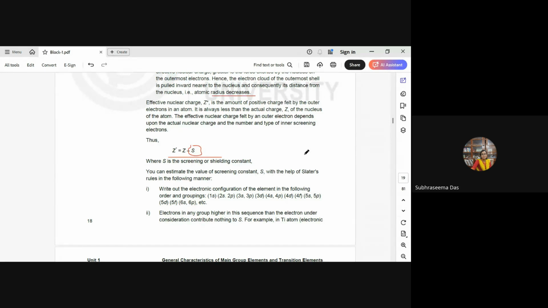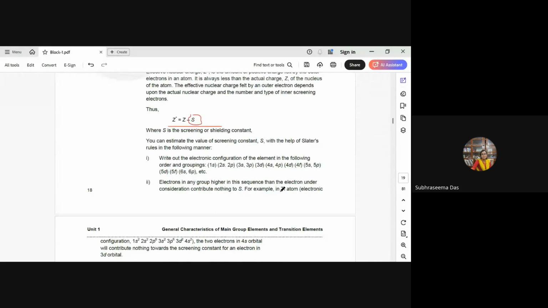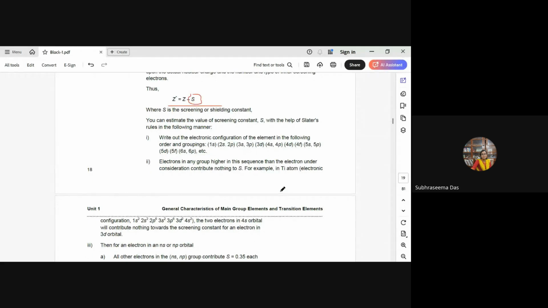Suppose we are considering a particular element, then we write the electronic configuration in the open format, as shown here: 1s, 2s, 2p, 3s, 3p, followed by whatever its configuration is. Then we classify the electrons into groups depending on their ns and np values.